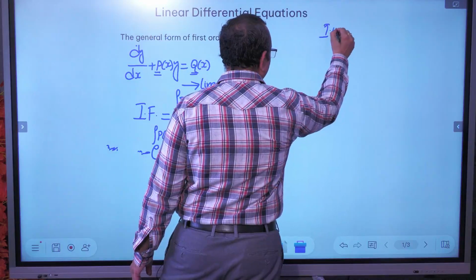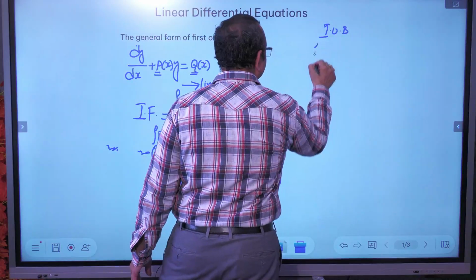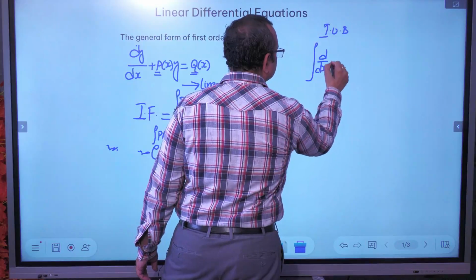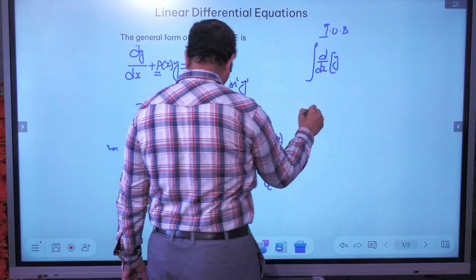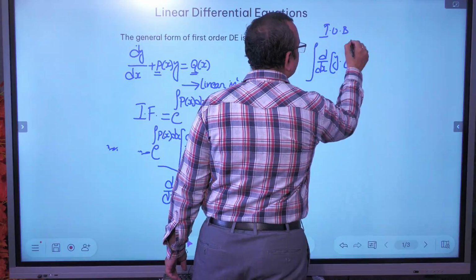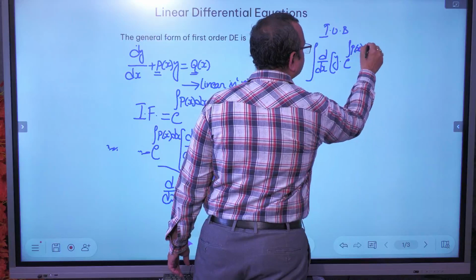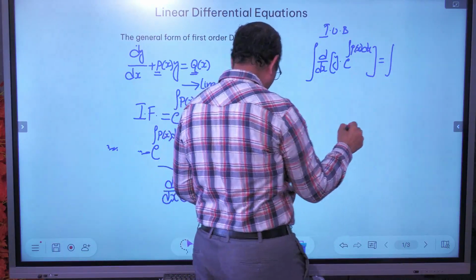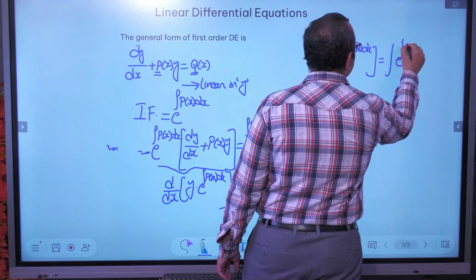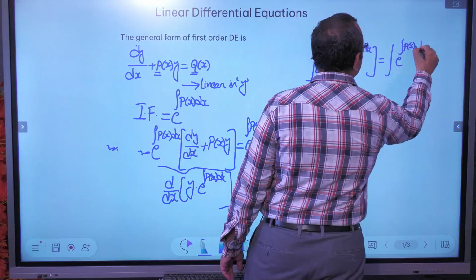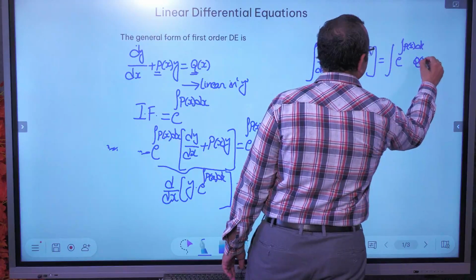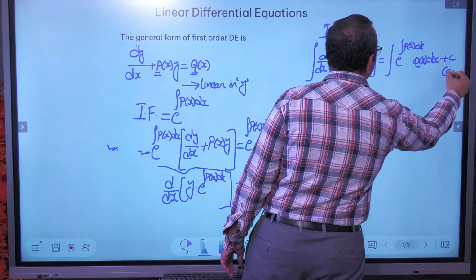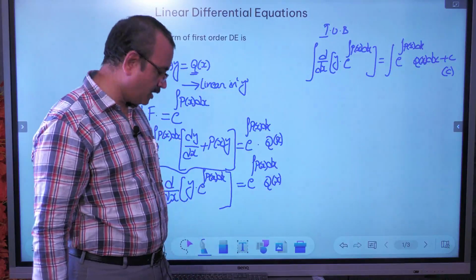If you integrate this on both sides, then we get integral of d by dx of y into e power integral p of x dx is equal to integral of e power integral p of x dx into q of x dx, and of course we will get an integral constant c, or otherwise we can call it the arbitrary constant c.